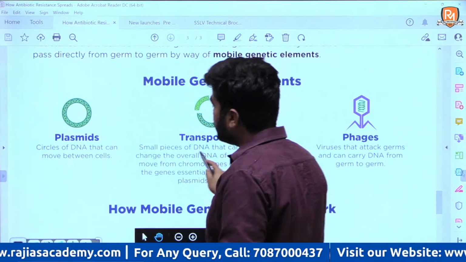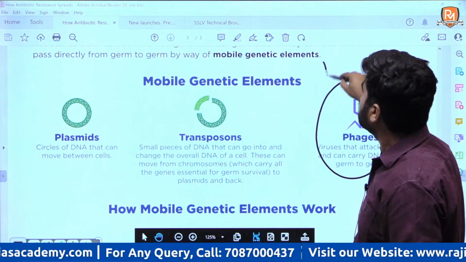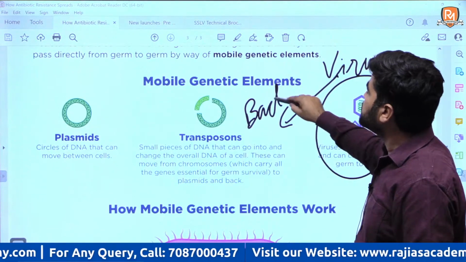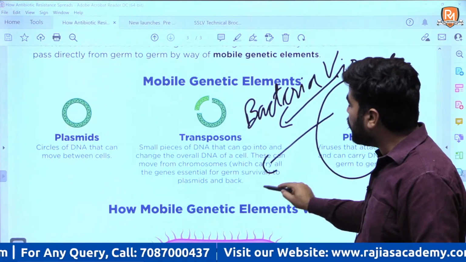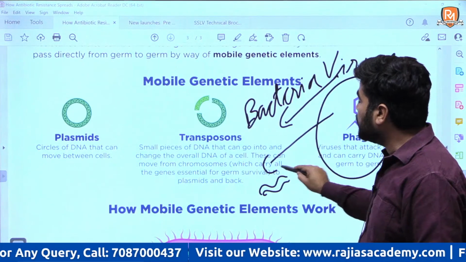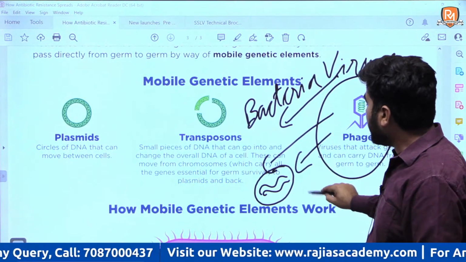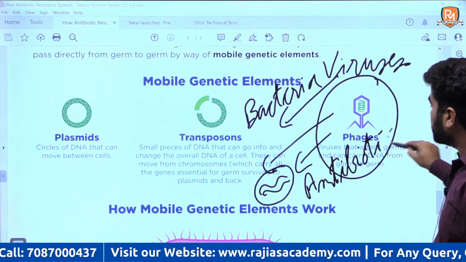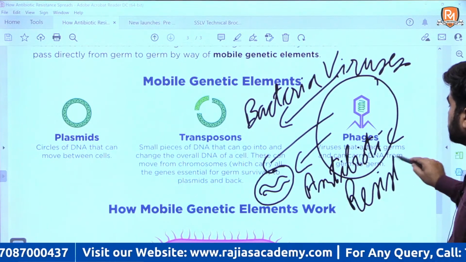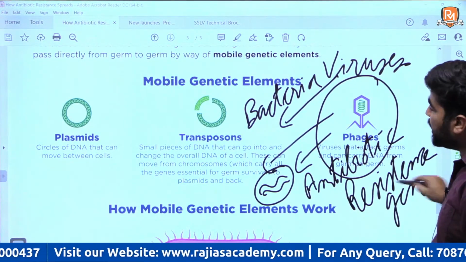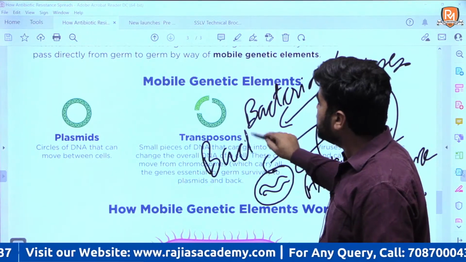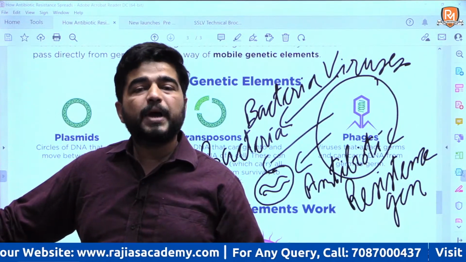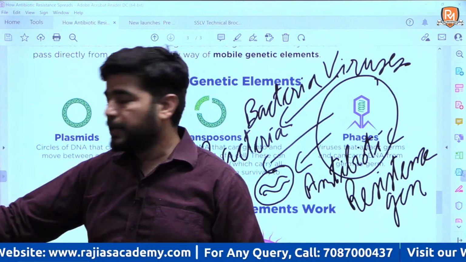And in the same way, phages, or you can say viruses. When viruses infect some bacteria, sometimes they insert their own DNA or some antibiotic resistance genes into the bacteria, which helps the bacteria to survive the antibiotic attack.